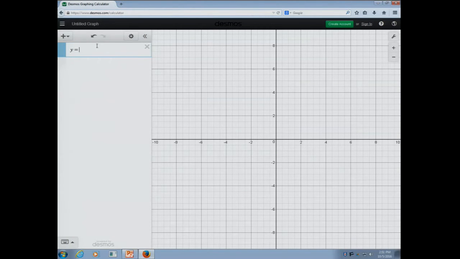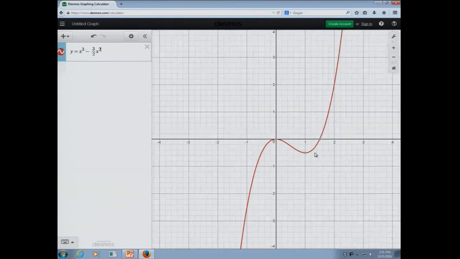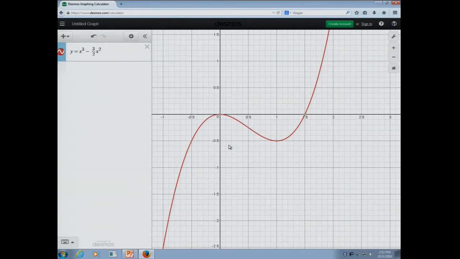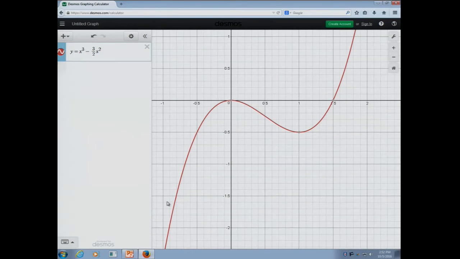So all right, here I go. I can just type in y equals x cubed minus 3/2, or 1.5 if you like, x squared. And let's take a little zoom in here on our intervals. Well, as predicted, all x's less than 0 in this region, we have a region in which the curve is increasing.